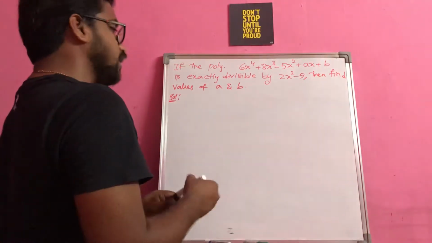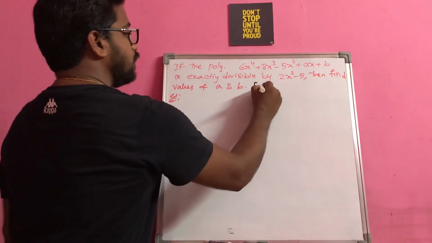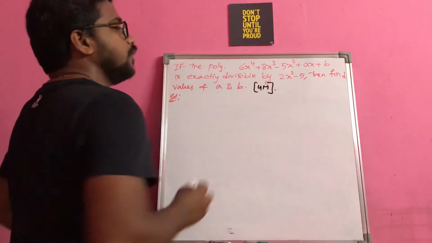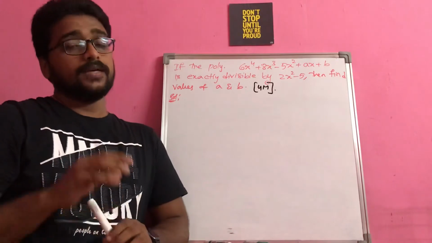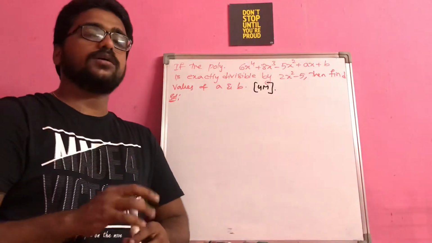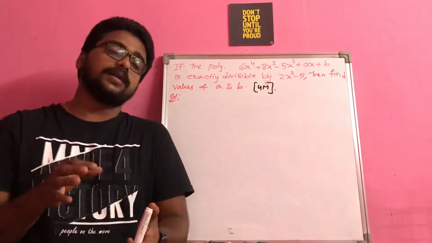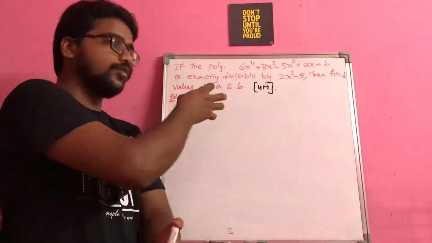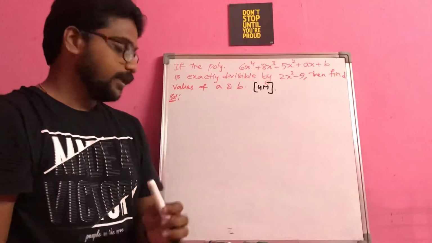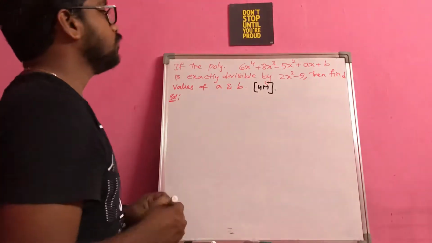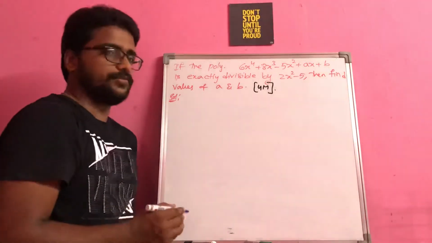So this is basically a 4-mark model. In your class 10, you mainly have the long division and the division algorithm. So you have to write the answer by choosing the method of long division only, rather than the remainder theorem and factor theorem. Keep this point in your mind. Now let us understand the question first.